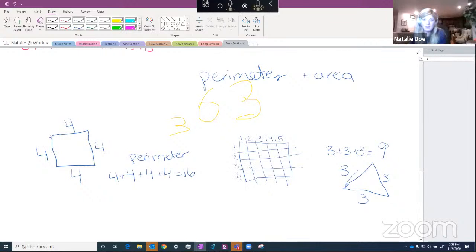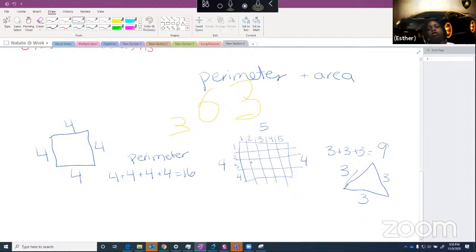So if I want to calculate the perimeter of my rectangle here, I know this side has 5, this side has 4. And because it's a rectangle, if this side here is 4, that means this side has to be 4 also, right? You can do it for like triangle. Same thing here. If the top is 5, that means the bottom has to be 5. A circle. How about a circle?